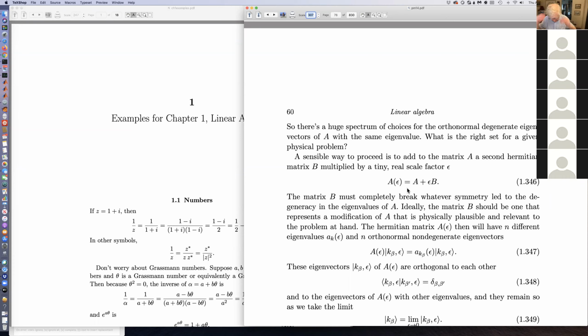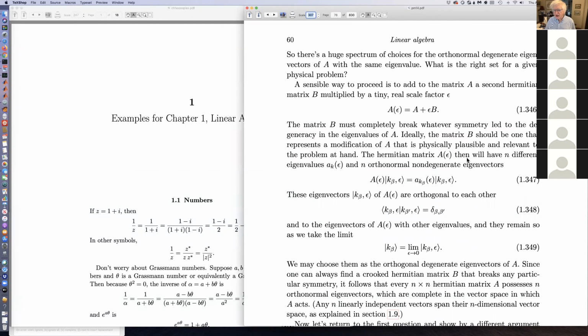In the case of angular momentum, where the symmetry is that of the rotation group and the matrix A might be L squared, or J squared if you have spin also, the traditional choice is the Z component of orbital or total angular momentum as the operator B. That breaks the symmetry because rotations rotate the Z component of angular momentum into a linear combination of the X, Y, and Z components.